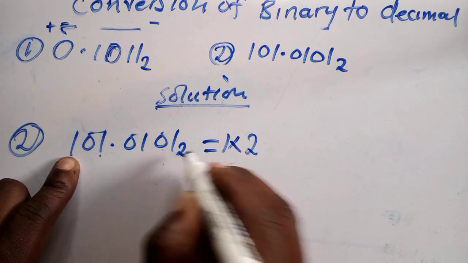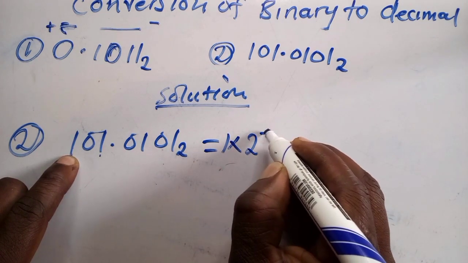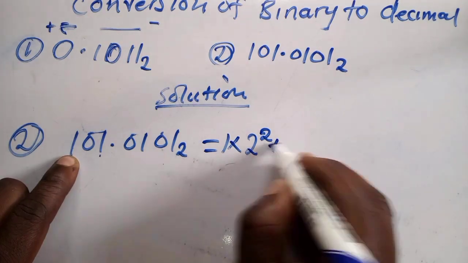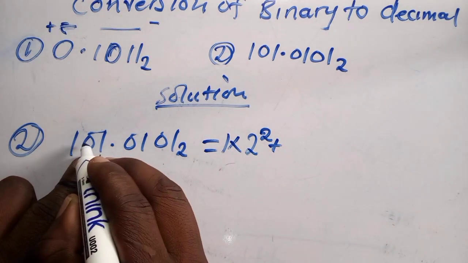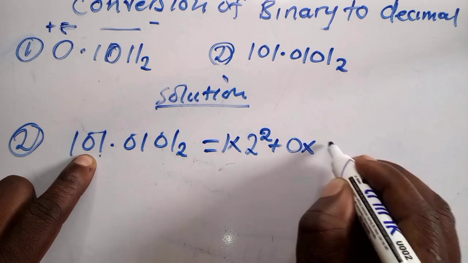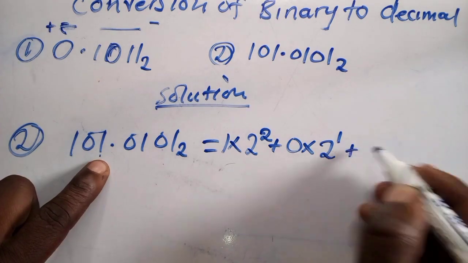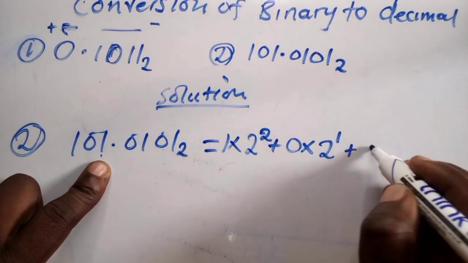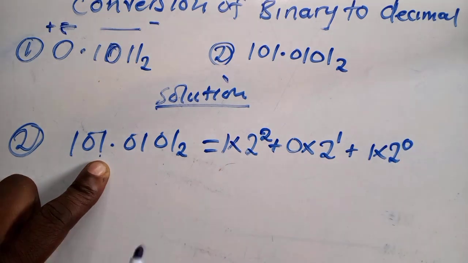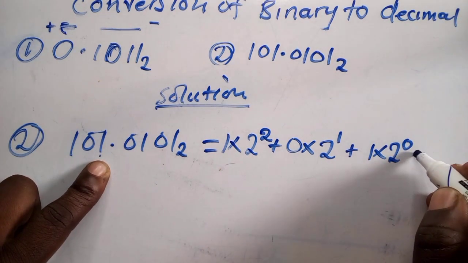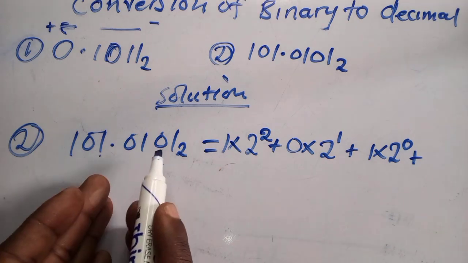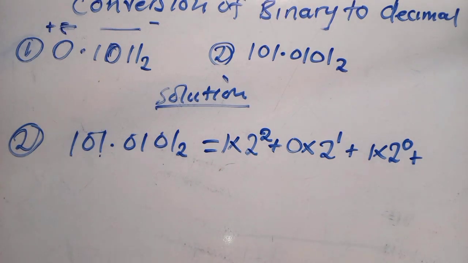So it will be 1 multiplied by 2 because it is in base 2, 2 to the power 2, plus we move to this number here, which is 0 multiplied by 2 to the power 1, plus the last one, which is 1 multiplied by 2 to the power 0. Then plus, we move into the numbers after the decimal. The powers start from -1, not 0, because 0 is bigger than -1.